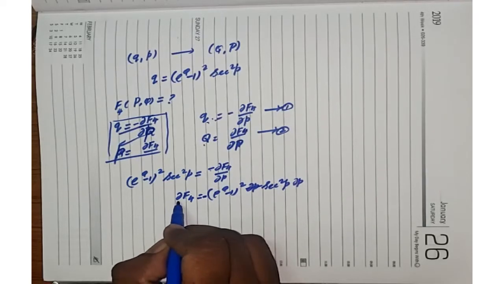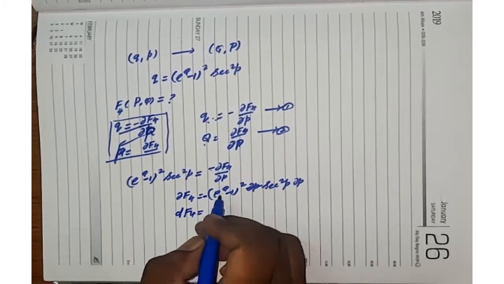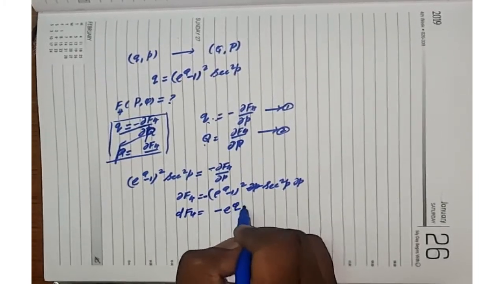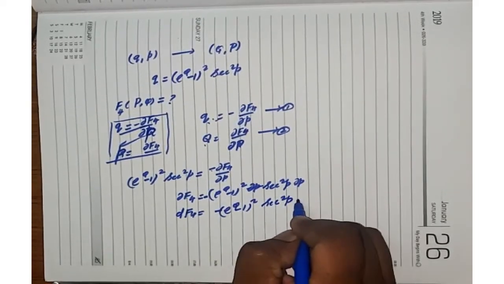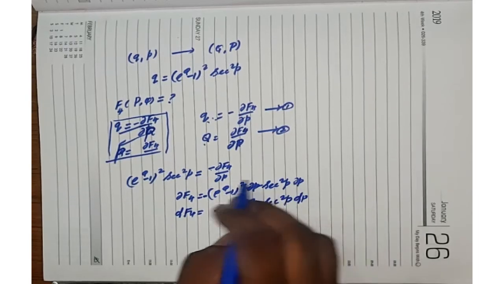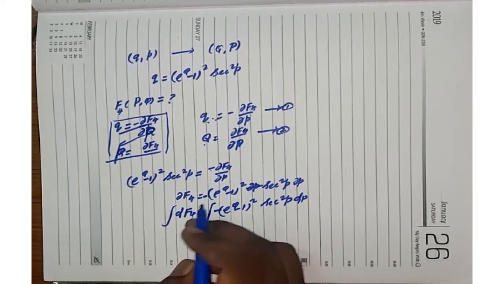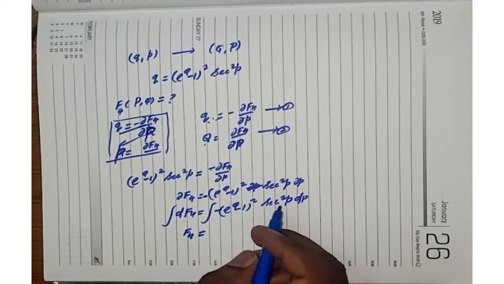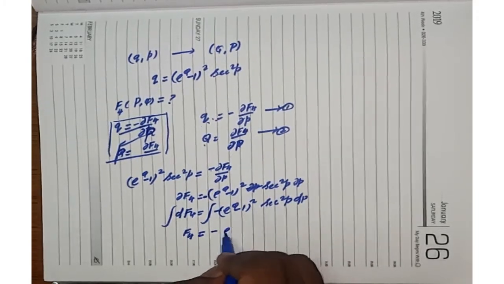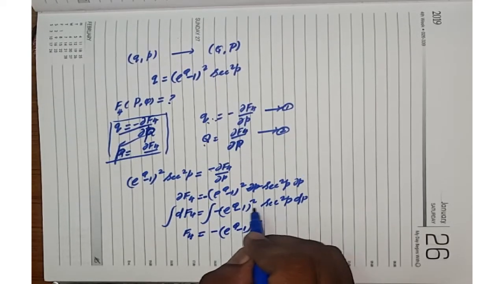So you can convert the partial derivative into a total derivative: dF4 equals minus (e^q minus 1) whole squared secant squared p dp. Now we can take the integration on both sides. The left hand side gives F4. On the right hand side, minus (e^q minus 1) whole squared is independent of the integration variable, so you can take it out.